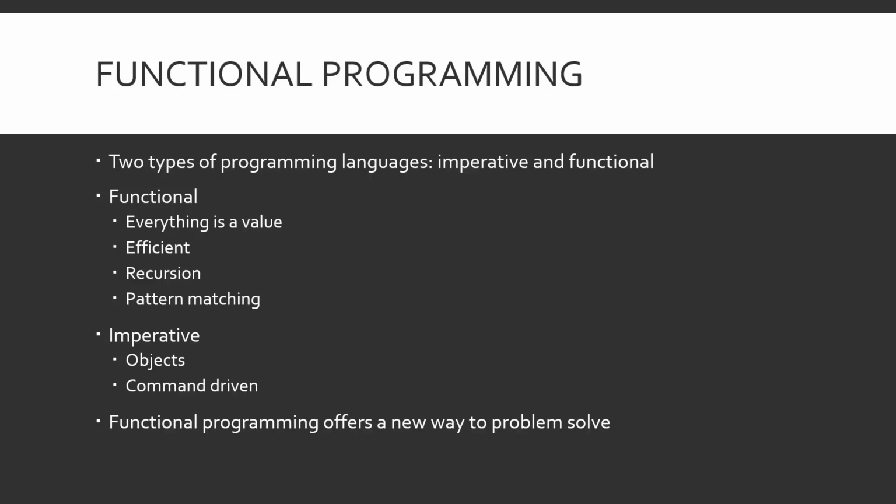Functional programming has support for recursion and pattern matching, more so than imperative programming. We're going to get to these topics, and you're going to see the beauty of them compared to when you have to implement them in something like Java. These are different ways of looking at programming languages, but the ultimate goal of functional programming is to offer new ways to problem solve.